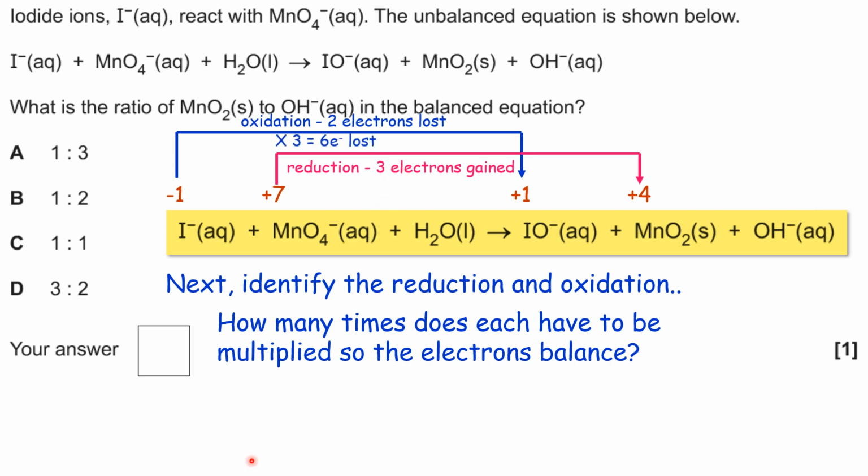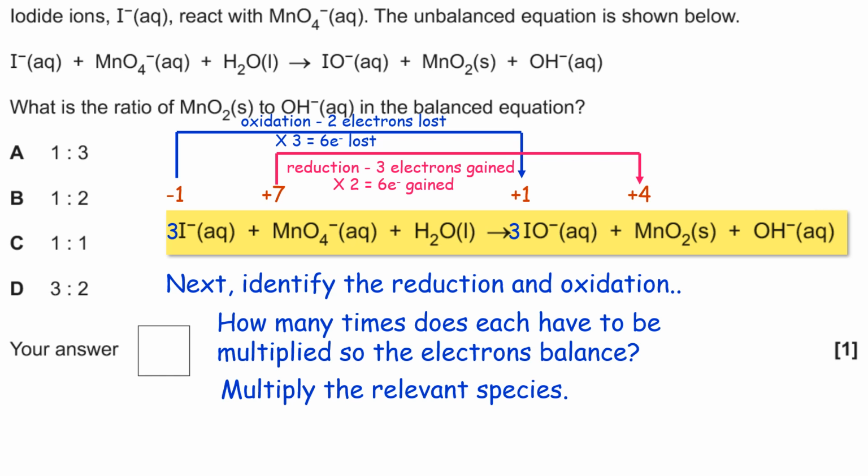But if you double the oxidation number in the reduction, double the number of electrons gained in the reduction, and treble the number of electrons lost in the oxidation, they both multiply up to 6 as the lowest common multiple. So now you have to apply that to the relevant species. Anything that contains iodine has to be multiplied by 3. Anything containing manganese has to be multiplied by 2.